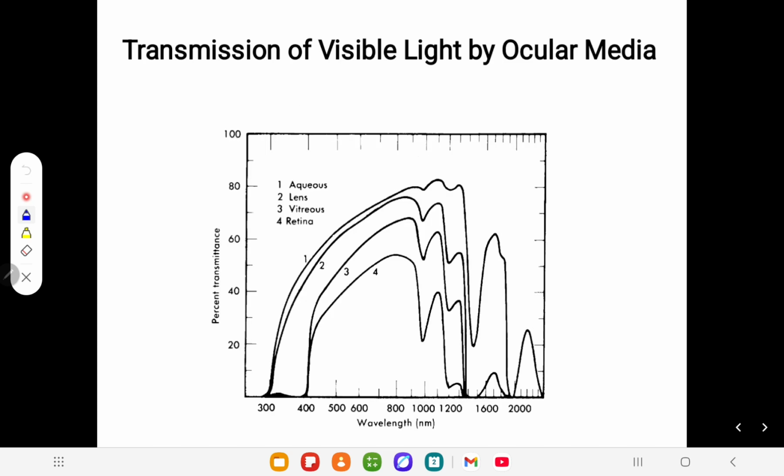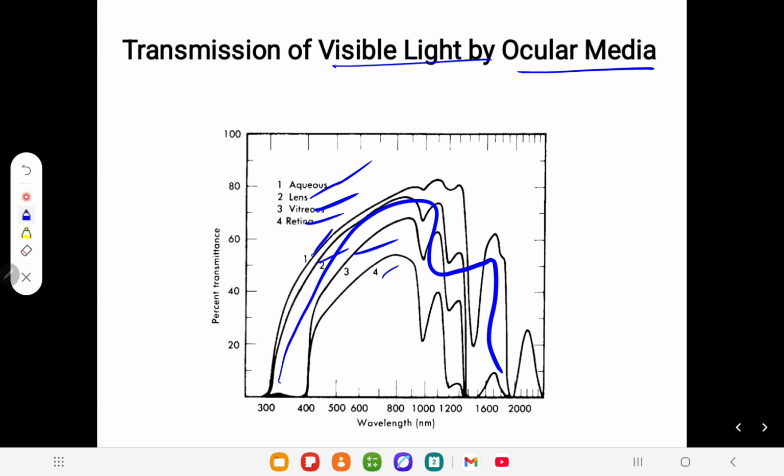You can see this graph in many books: transmission of visible light in ocular media. Basically, one is aqueous, another is lens, three is vitreous, four is retina. We don't care about the retina, but we do care about the cornea, aqueous, lens, and vitreous. This is the transmission curve, with maximum transmission from around 400 or 500 to 800-something nanometers, and obviously infrared light too.